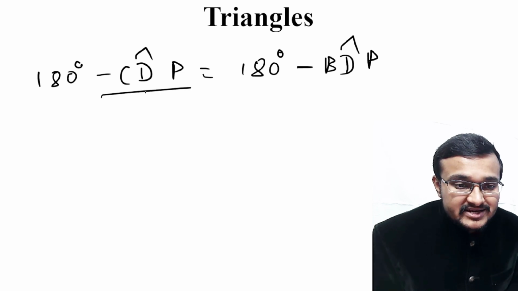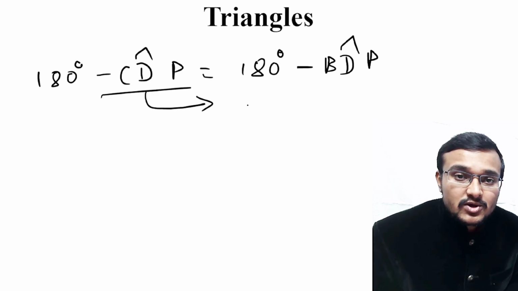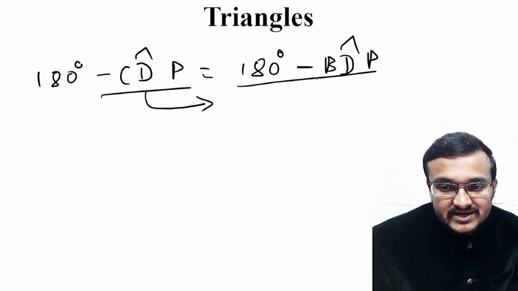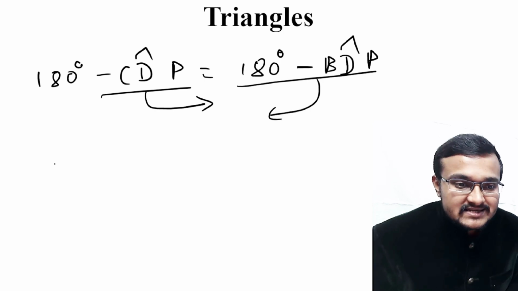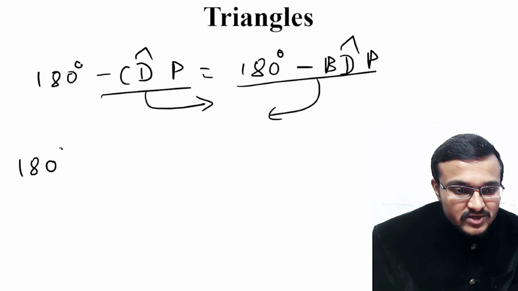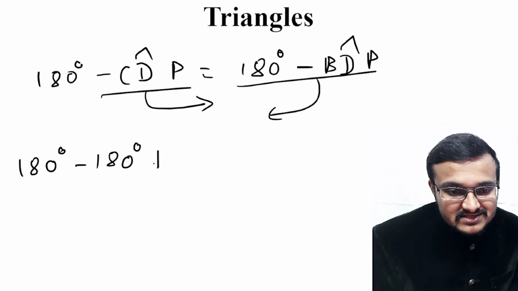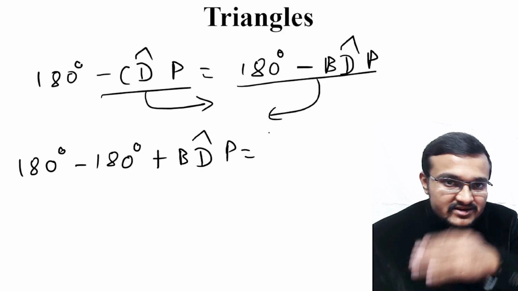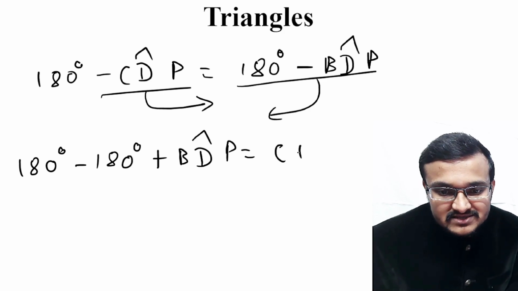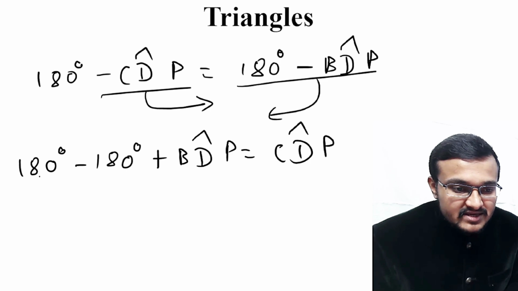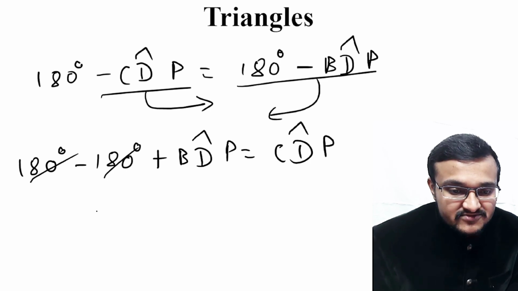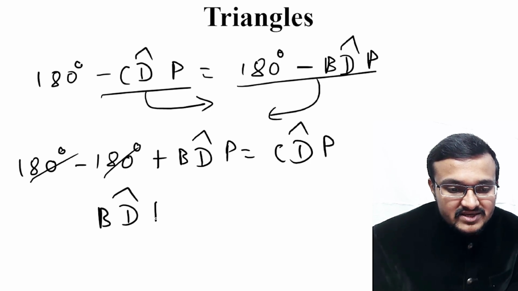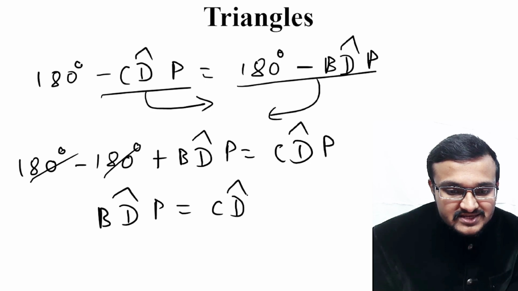Now you can take minus CDP to the RHS and 180 degrees minus BDP to the LHS. So that becomes 180 minus 180. When minus BDP is brought to the LHS, it becomes plus BDP, and minus CDP, when brought to the RHS, becomes plus CDP. Here 180 and 180 cancel each other. So BDP is equal to CDP.